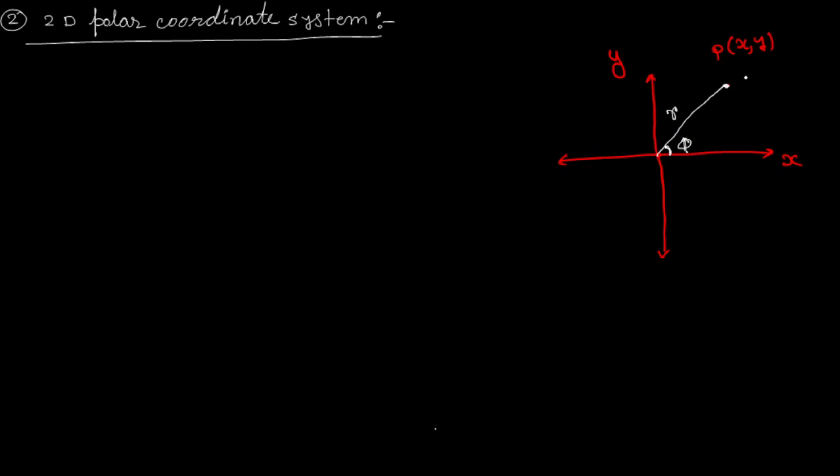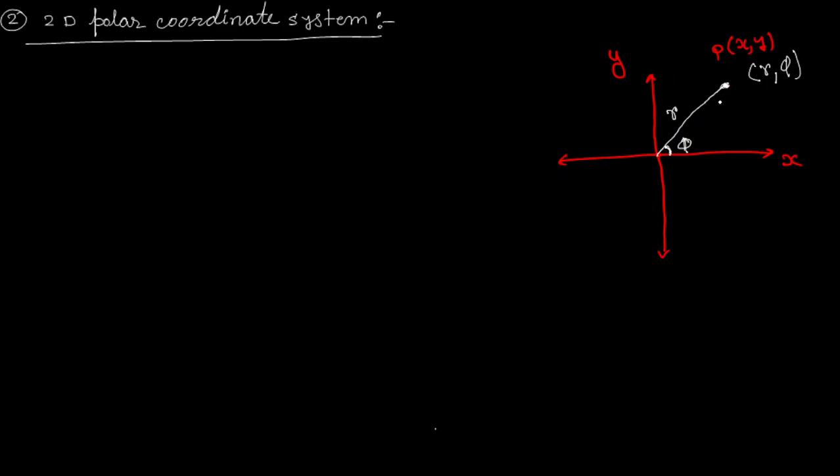So according to the polar coordinate system, we can write the coordinate of this point P this way: r and phi. If we represent this point in the rectangular coordinate system, then we represent x and y. And in the 2D polar coordinate system, we can represent it as r, phi.